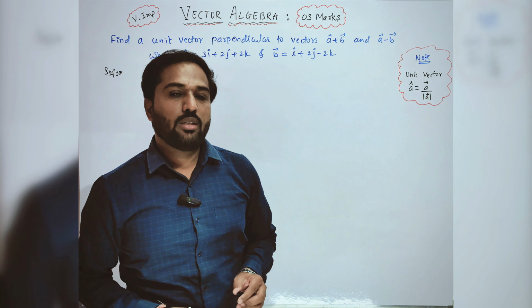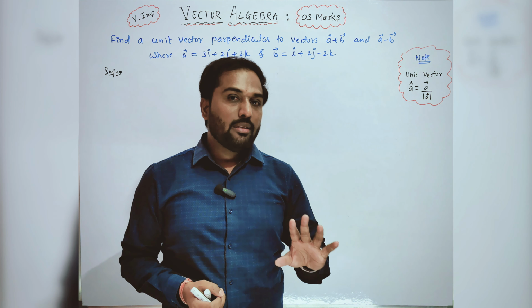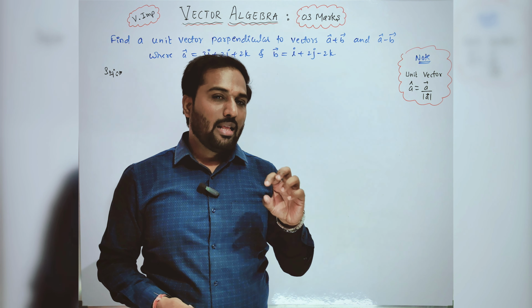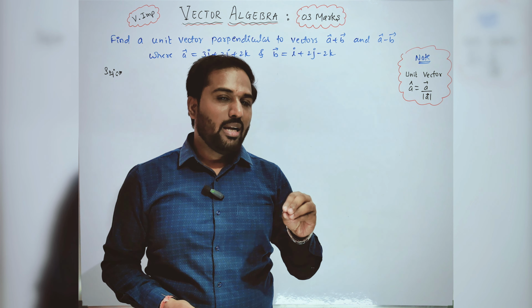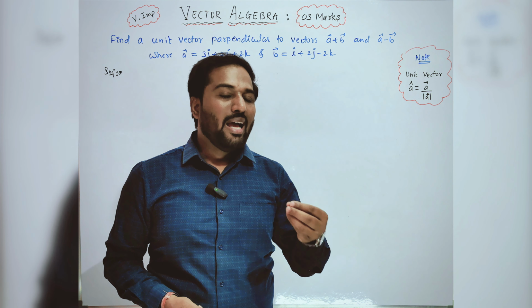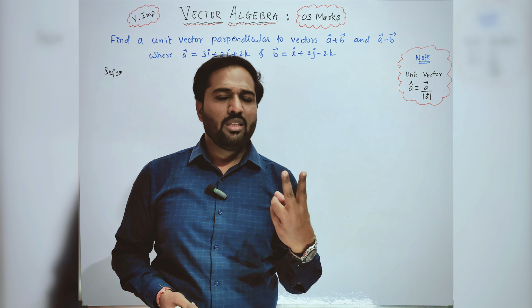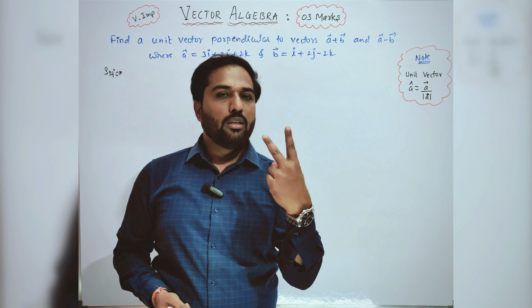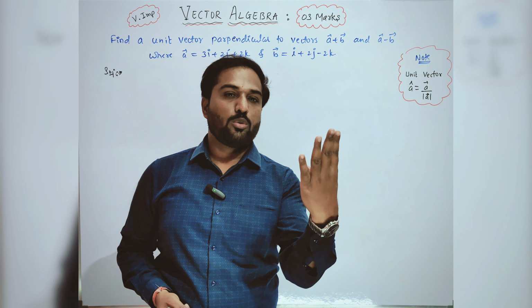Welcome back, my dear students. We'll see one more example on this, and please try to understand that vector algebra is mainly a matter of formulas and some properties, as well as only two major operations. So basically there are four: addition of vectors, subtraction of vectors, dot product, and cross product.